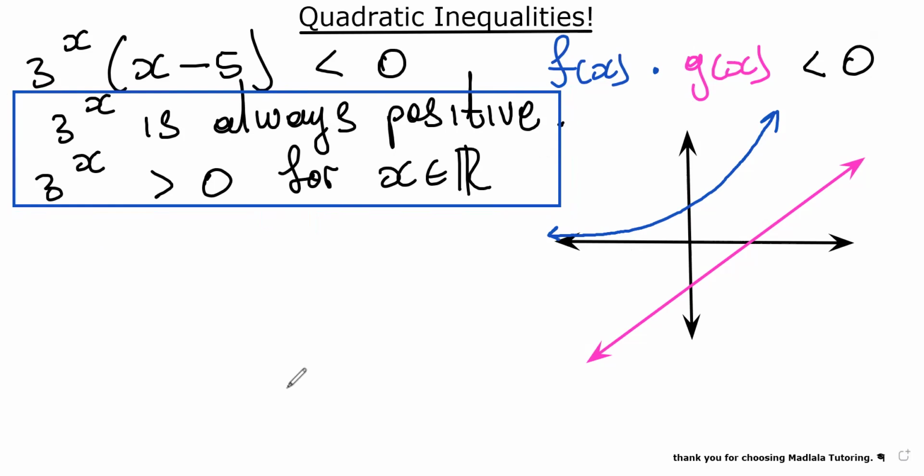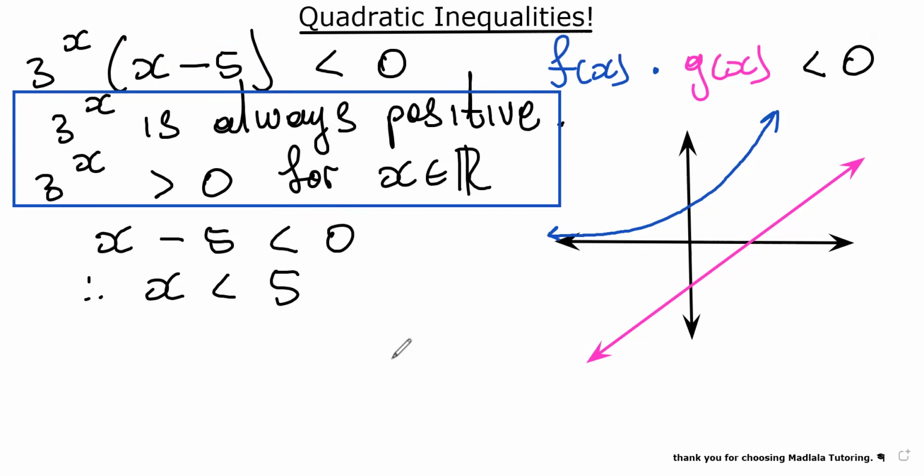Think of it. So now we know that this one is always positive. So in other words, we now need to find where this one is negative. Then the whole product will be negative as a result. So we now say, well, where is this x minus 5 negative? And if we take this one to the right, we can see that it's for values of x that are less than 5. And this is true. Very much true.